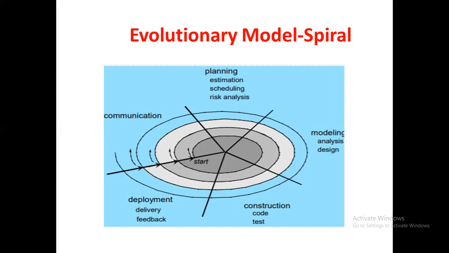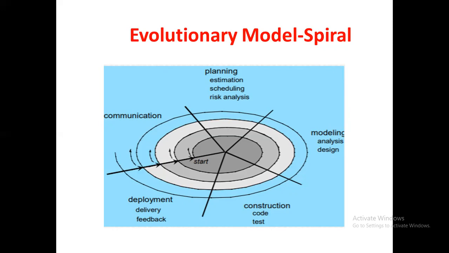And planning includes when we have to start the particular process and when we have to end, that is scheduling, and how many persons are to be assigned, who the persons are and what their responsibility is. Everything will be planned, and then we go for estimation and we will perform risk analysis.